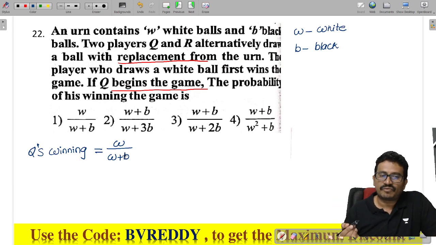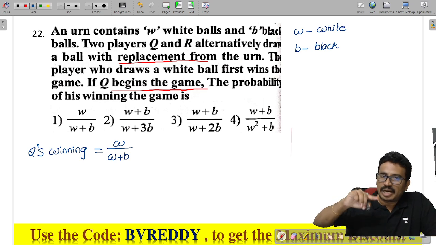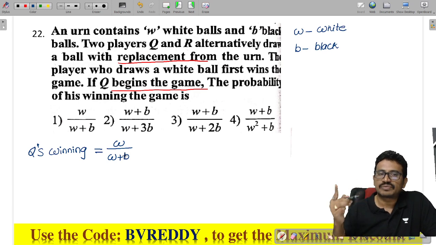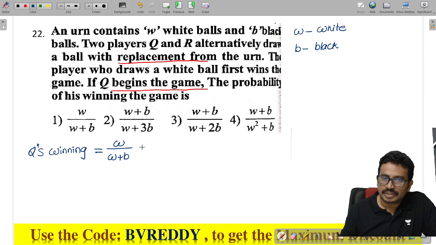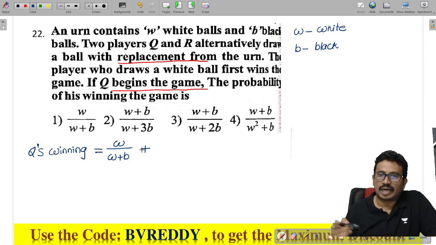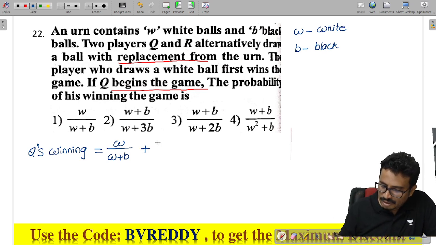If he didn't, the chance will go to R. Only when R fails will the chance come again to Q. Similarly, only if Q fails will the game go to R. That means Q has to fail: if he gets the white ball he is a winner, and failing means he has to get the black ball.